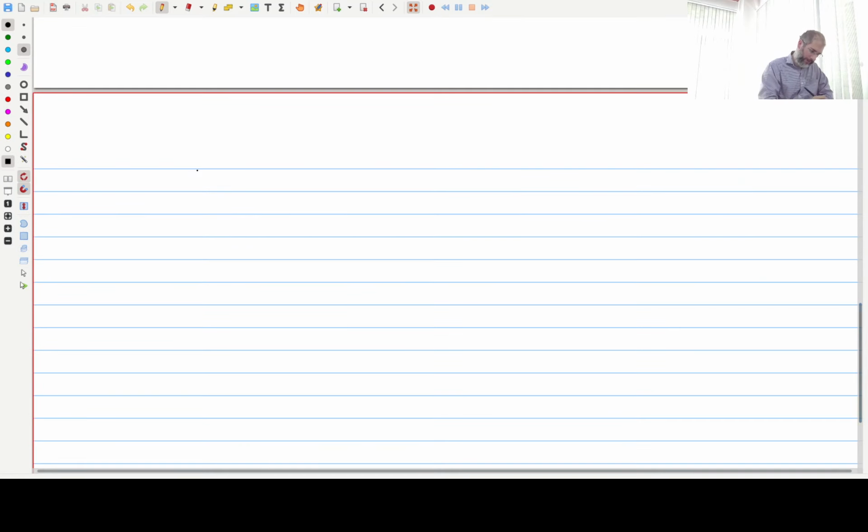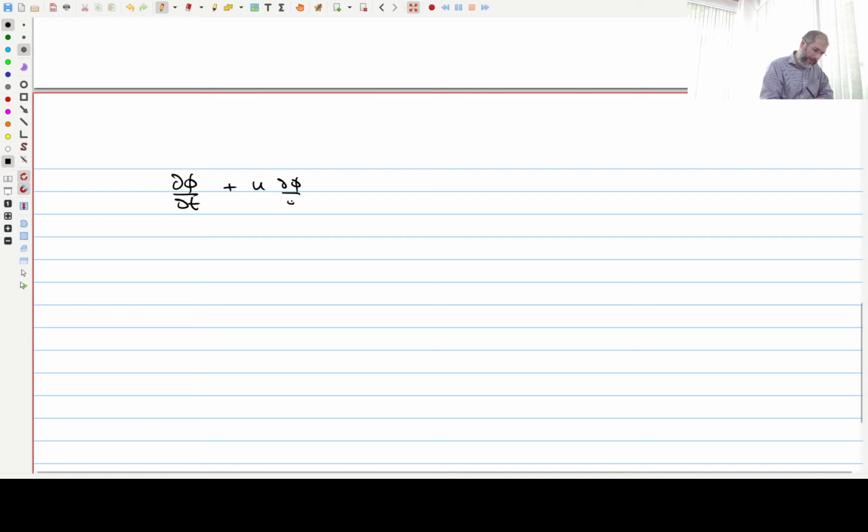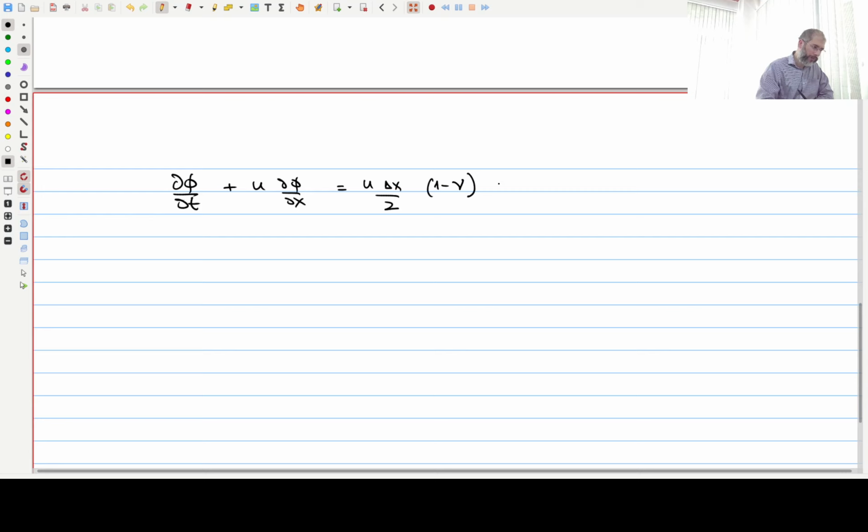start with a fresh page. So we are solving this equation del phi by del t plus u del phi by del x equal to, now we have u delta x by 2 times 1 minus nu times del 2 phi by del x2. And we have higher order terms, but I'll neglect those because these are the leading terms.